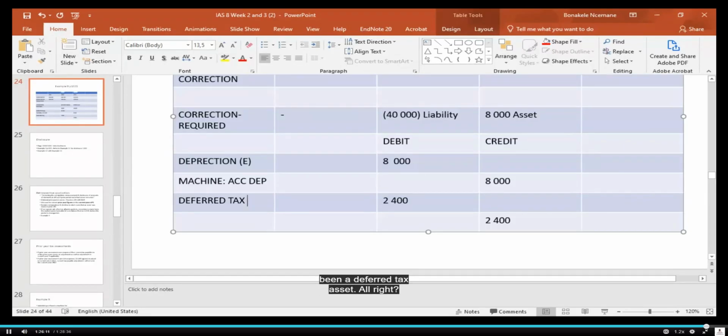But then we are correcting an error. We had recognized this 8,000 as what? Essentially a liability, and we're reversing that. So that is why we put an L, because we are reversing what we initially recognized mistakenly as a liability.